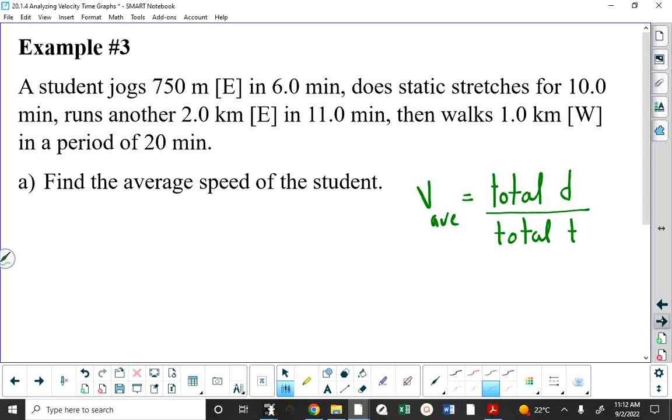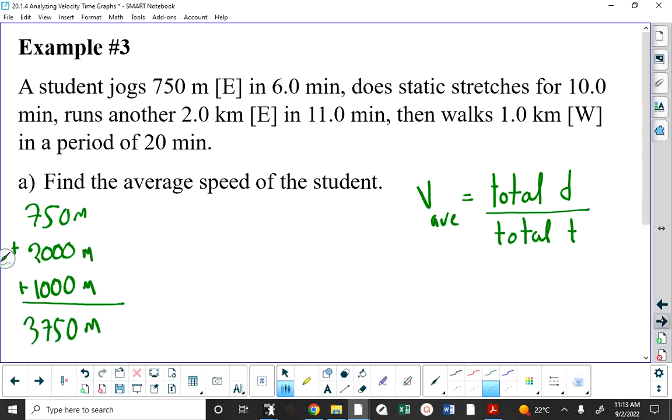Let's add this up. 750 meters plus, what else do we got? 2,000 meters, since 2 kilometers is 2,000 meters, plus another 1,000 meters. You guys will correct me if I'm wrong, I hope, but I get 3,750 meters. That's the total distance.